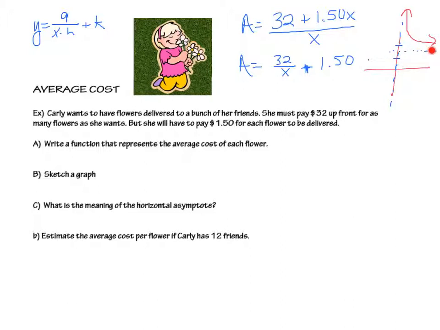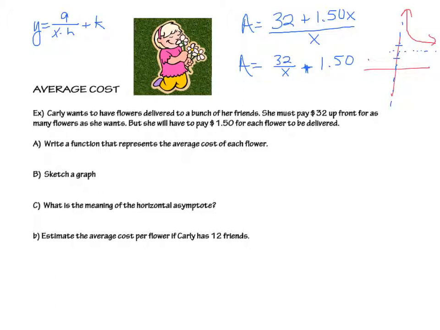That $32 that she had to pay gets divided up so many times that it becomes non-existent. Assuming she had lots and lots of friends. If she had hundreds of friends, well, gosh, you take those hundreds of flowers and divide the 32 out of there. It doesn't cost much. So it's really that delivery fee that's going to cost a bunch for her. That's what her graph approaches.